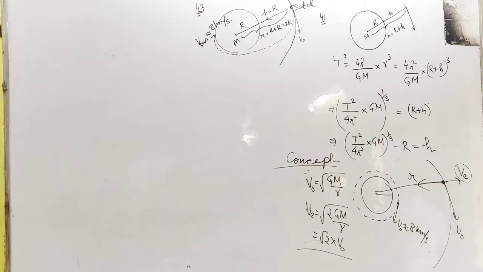See, option number 3 and option number 4 say 11.2, this is escape velocity. So option number 3 and option number 4 get eliminated, and we are left with only 7.919 km per second, which is approximately equal to 8.